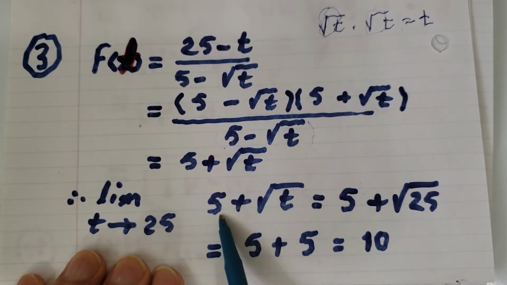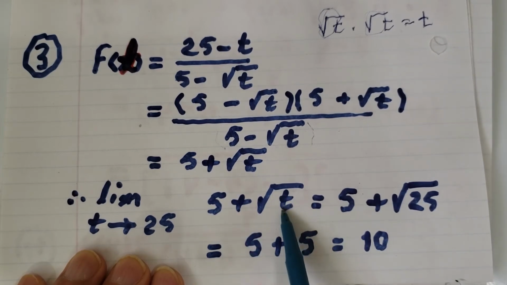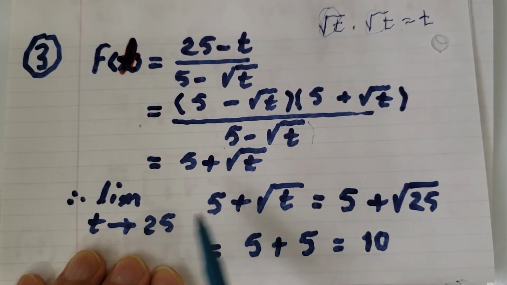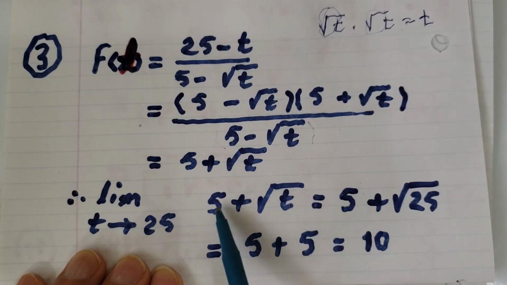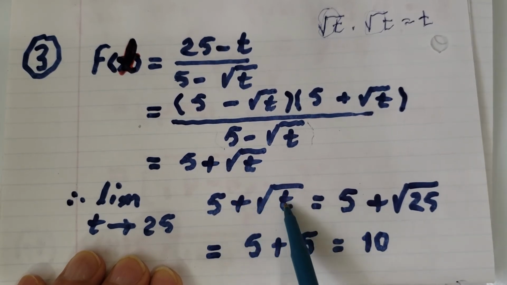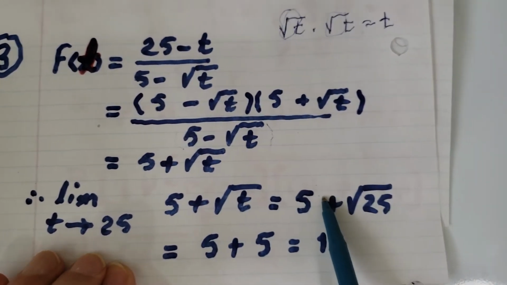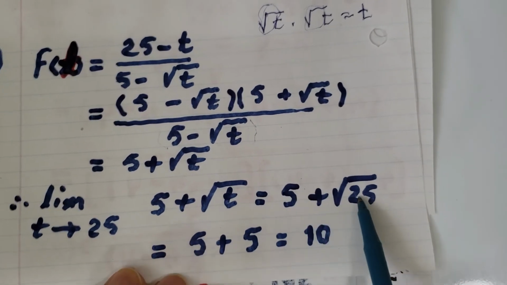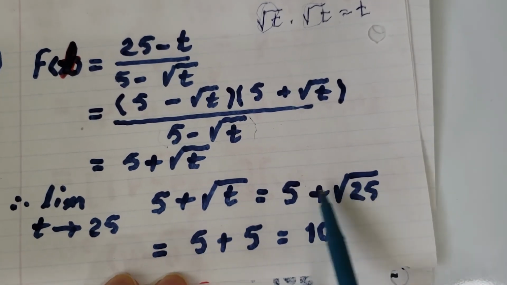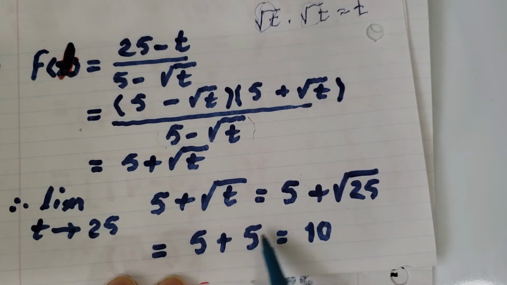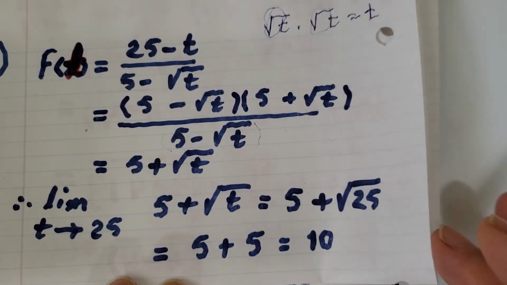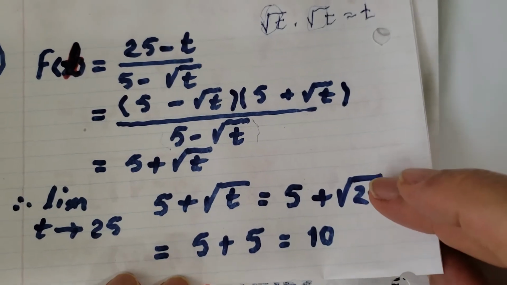Here we substitute t by 25. It will be 5 plus the square root of 25, which means 5 plus 5, that means 10. This is the limit for this function.